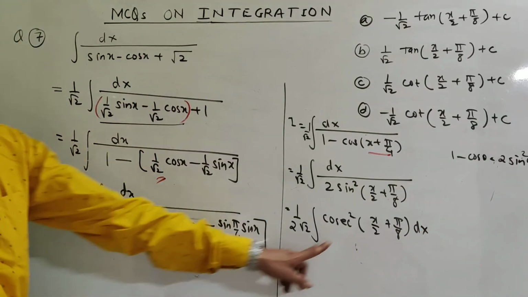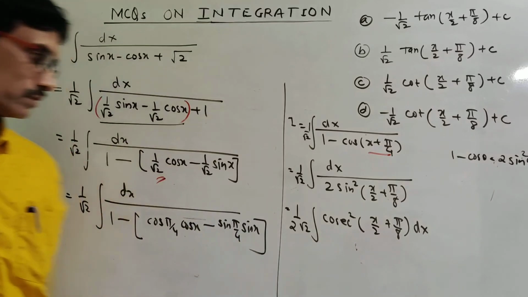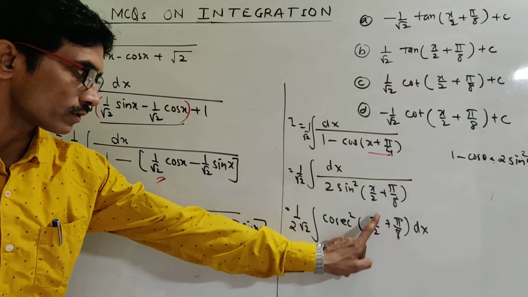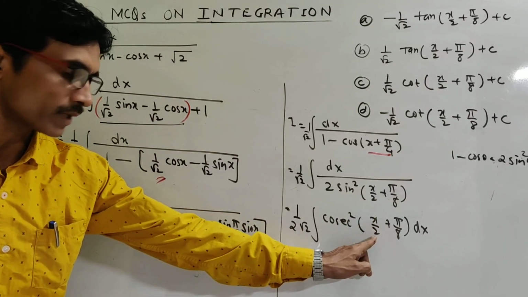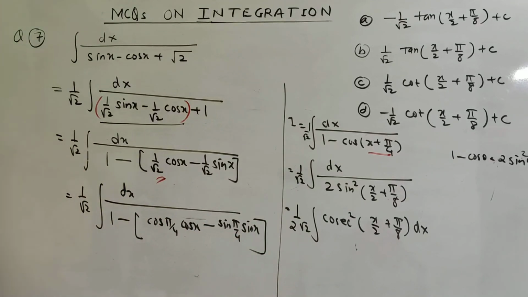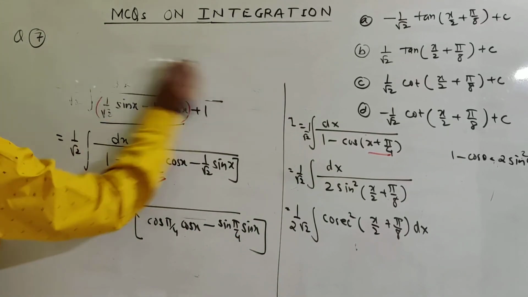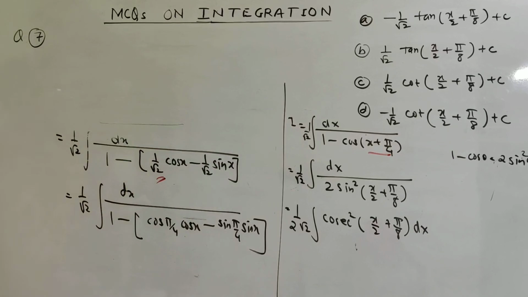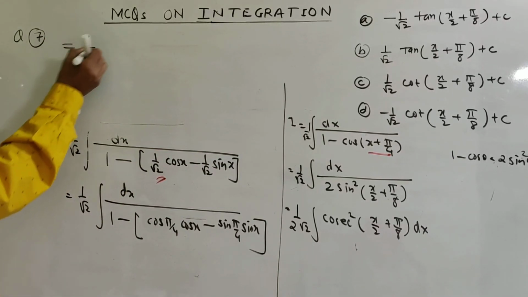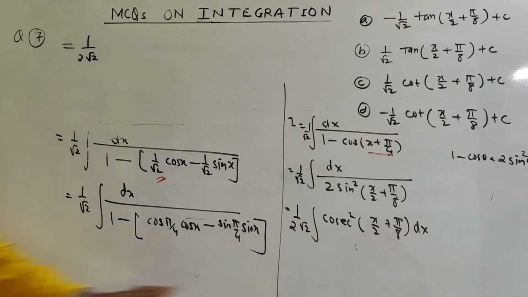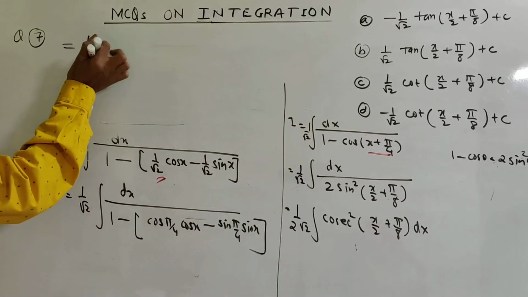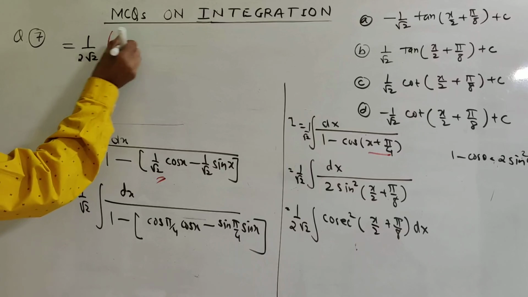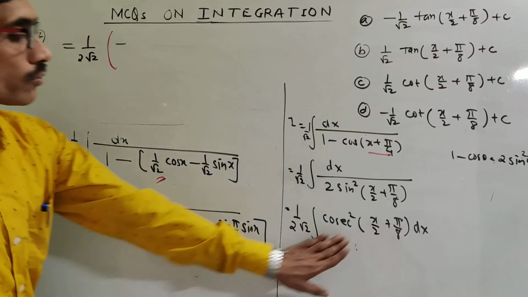So integral cosec square is what? Minus cot, but x by 2 is there, so upon derivative of this, which is 1 by 2. So this integral will be 1 by 2 root 2, and integral of cosec square is what?